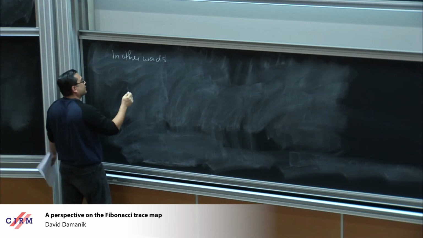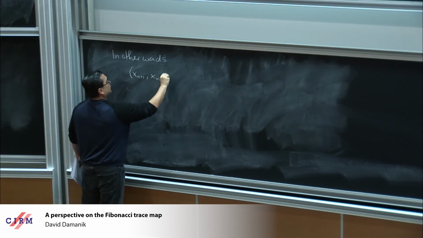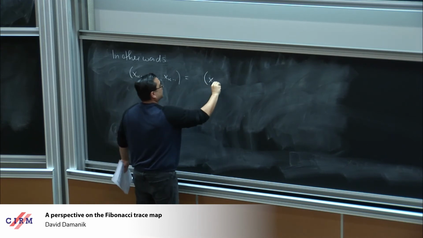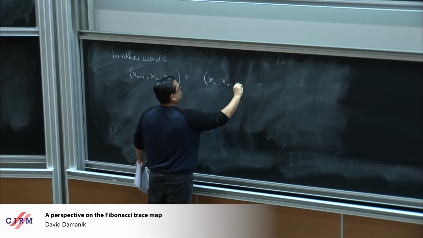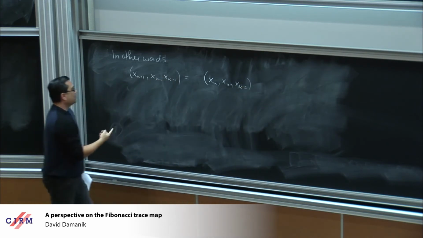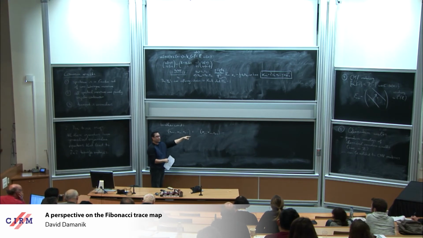So this is just a very innocuous shift of perspective, but that's the thing that makes things go now. So how do I pass from xk minus 1, xk minus 2 to xk plus 1, xk minus 1? Well, of course, these two you can just read off. Those are the first two entries.